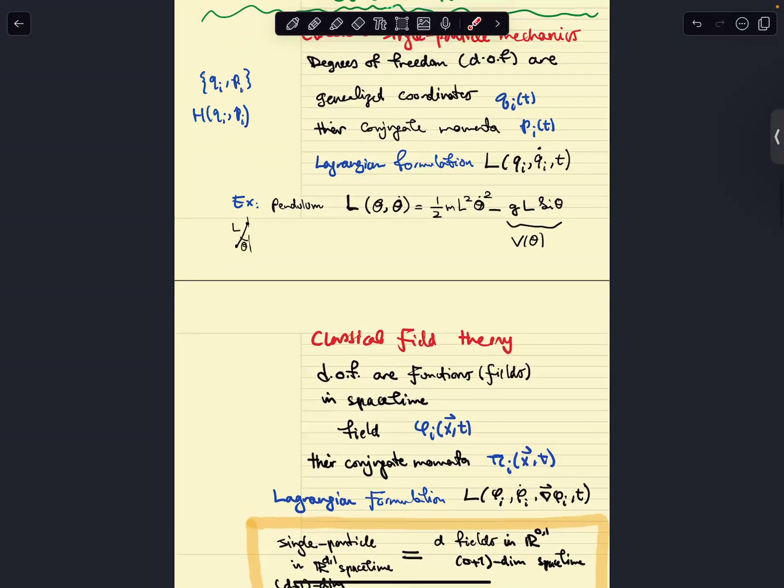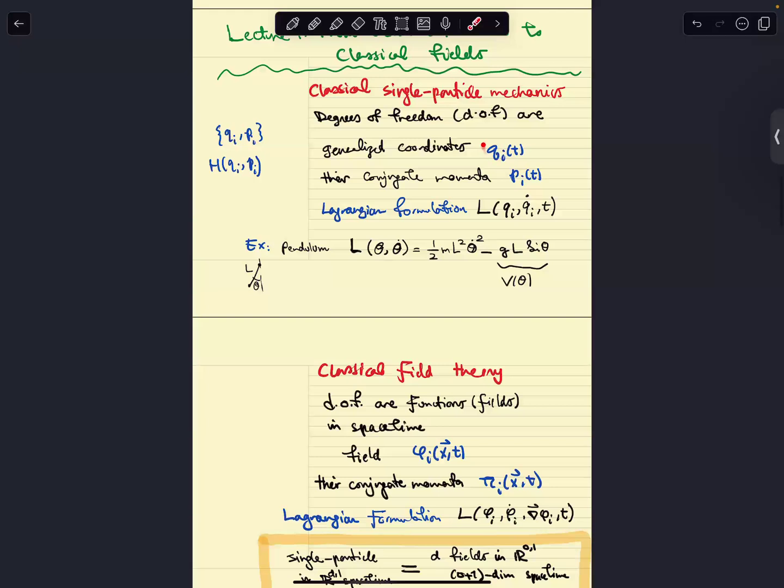It's simply the statement that if you have a single particle moving in d dimensional space, i runs from 1 to d. In analogy, i running from 1 to d here means that you have d independent fields. And the fact that here there's only time dependence and here there's x and time dependence means that the analogy would be correct if you consider classical field theory in 0 plus 1 dimension.